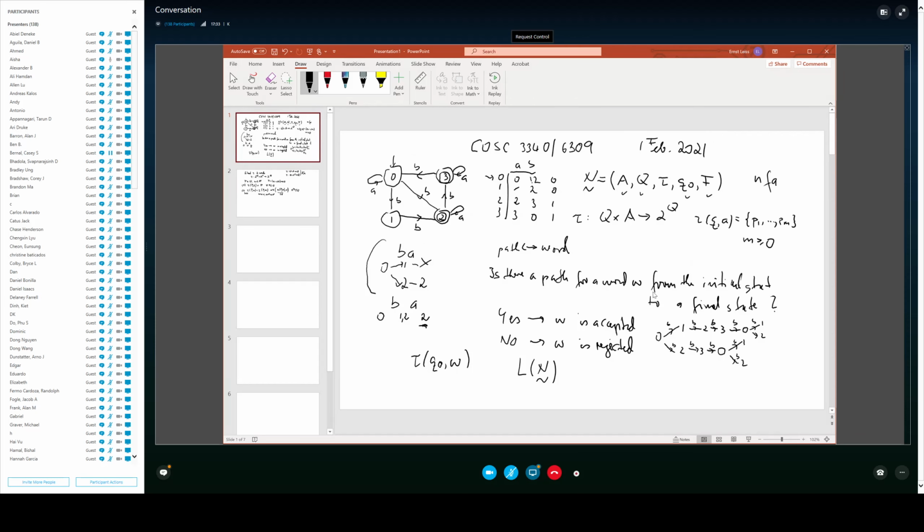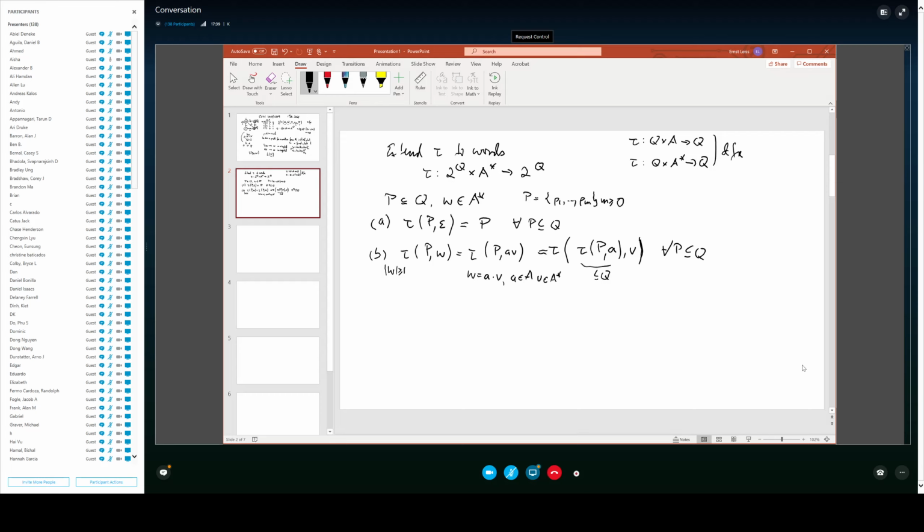Ultimately, we're interested primarily in, can we get to a final state? Which is now somewhat divorced from the notion of path, because we may have many different paths, or you may have one. It doesn't make any difference.